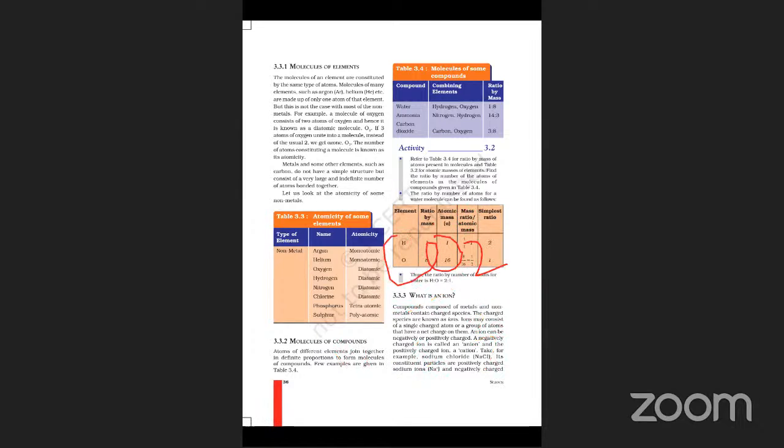Carbon dioxide, it will be 32 to 12. So if you solve this, you will get 3 to 8. So you got the difference between molecules of elements and molecules of compounds.